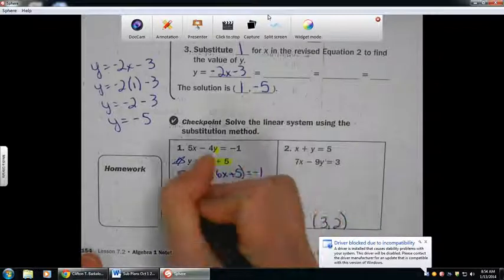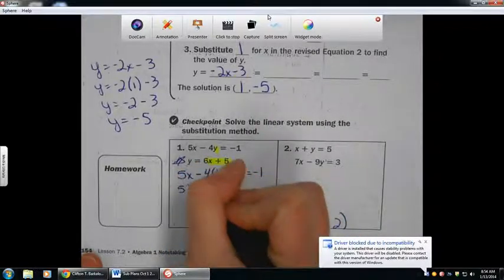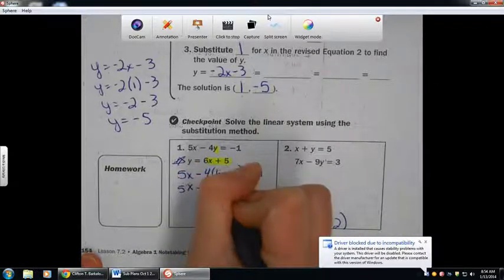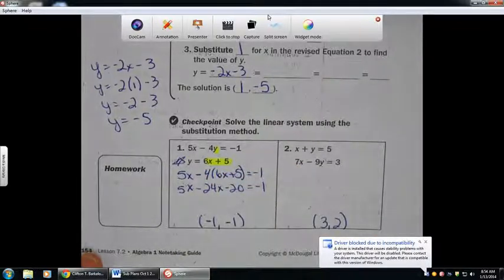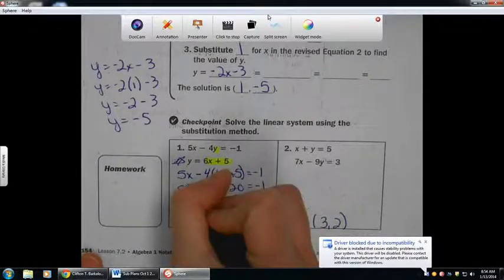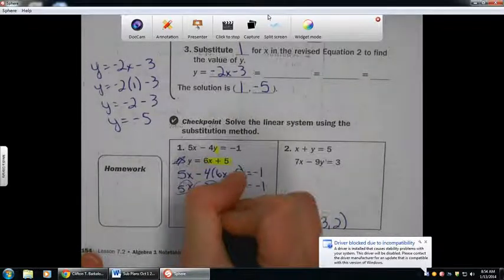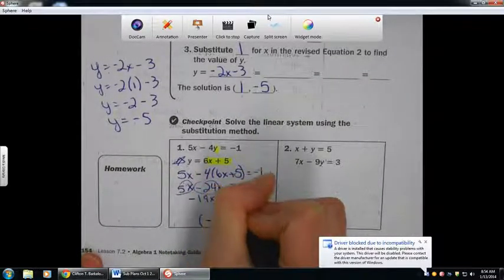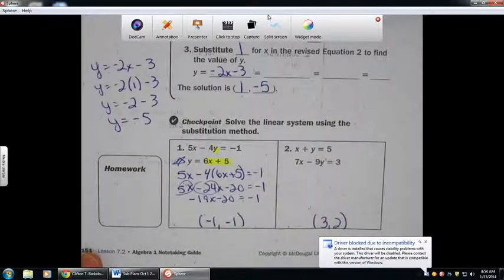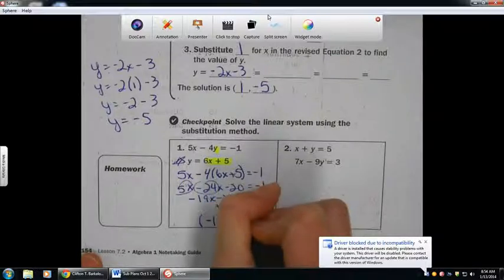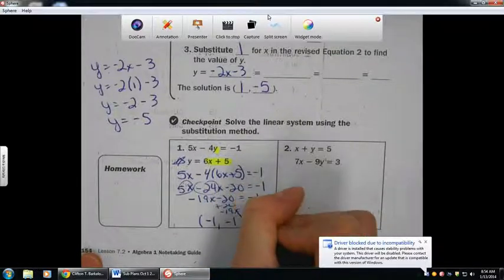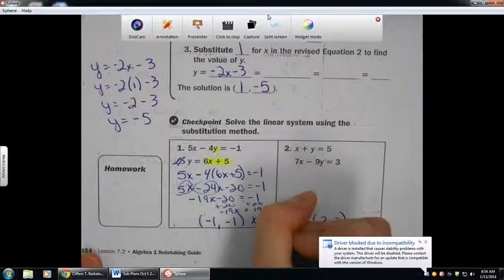We can go ahead and distribute. We have 5x minus 24x minus 20 equals negative 1. Combine your like terms, negative 19x minus 20 equals negative 1. Add 20 to both sides. Negative 19x equals 19. X is equal to negative 1.